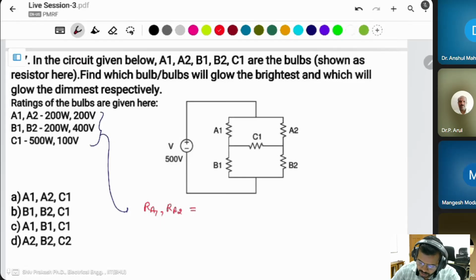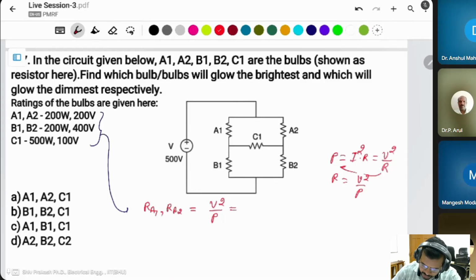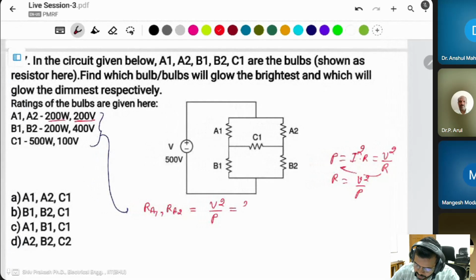We know power is V square by R, so R will be V square by P. For A1 and A2, the rating is 200 volt and 200 watt, so this will be 200 square divided by 200, which is 200 ohm.